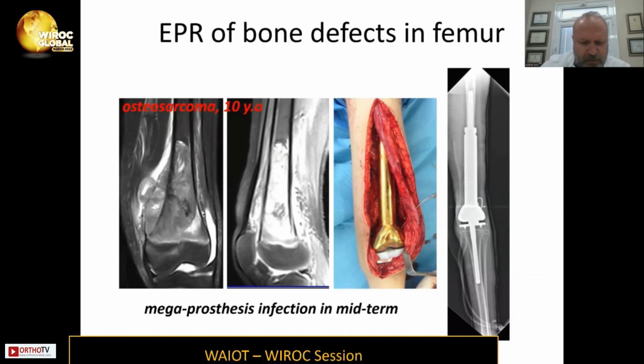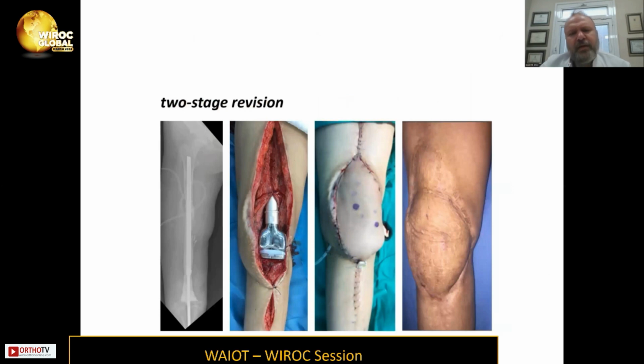Another example, again, an osteosarcoma patient which was managed by resection and an endoprosthetic reconstruction by a growing prosthesis, and a megaprosthesis infection in midterm. Again, a two-stage revision was performed in this patient. And as you see here, a free flap was required.